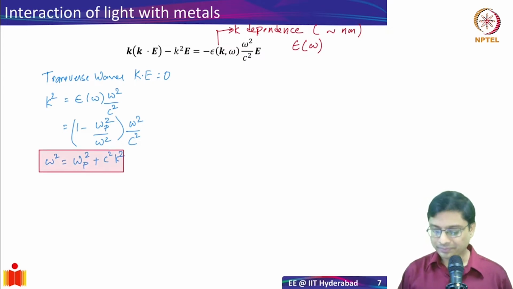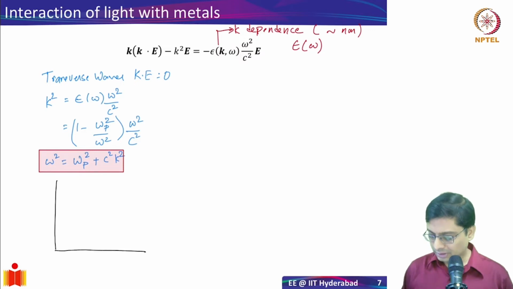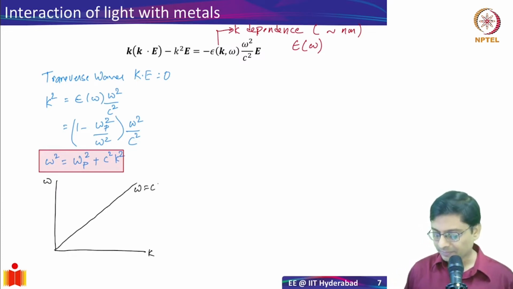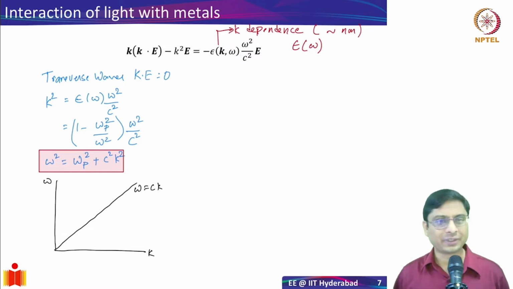What does it mean? We have already seen the regular light line, the dispersion for plane waves, wherein we talked about the omega versus k relation, and we said that light essentially is this particular line, omega equals ck. This is the familiar electromagnetic wave which is propagating in free space. But when you think of a wave which is interacting with metals, the dispersion is now modified.